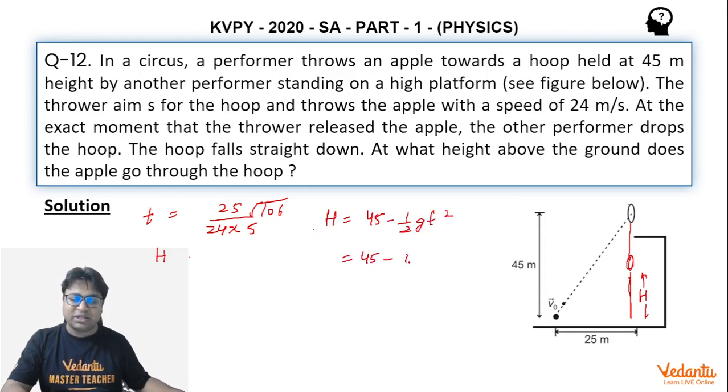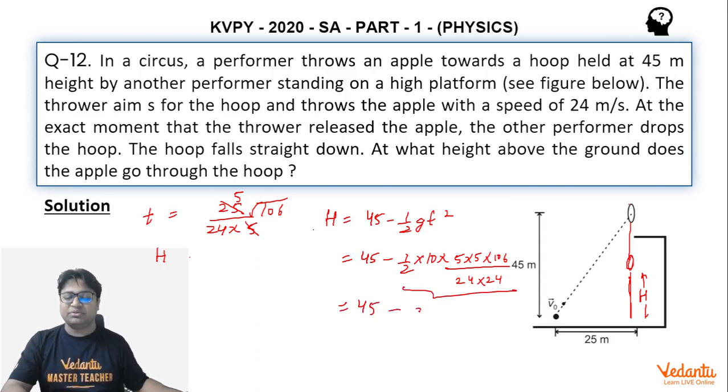So 45 minus half, let's consider g as 10, and t square will become, let's cancel a few things here, it will become 5 into 5 into 106 divided by 24 into 24. So we have to finish this calculation. On doing that, we will get that this number is approximately 23, which means that the answer that we are going to get is close to 22.